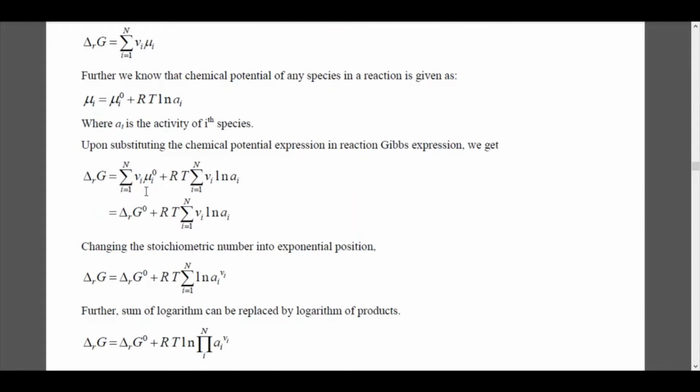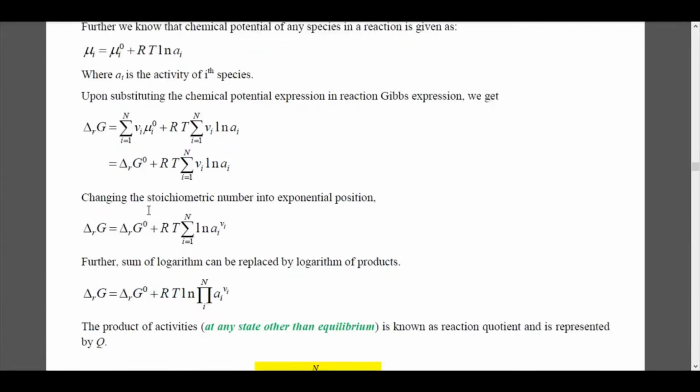Again, we can substitute sum Vi mu i0 as the reaction Gibbs energy at standard state. Then the stoichiometric number Vi can be changed into the exponent position, so we get an expression like this.